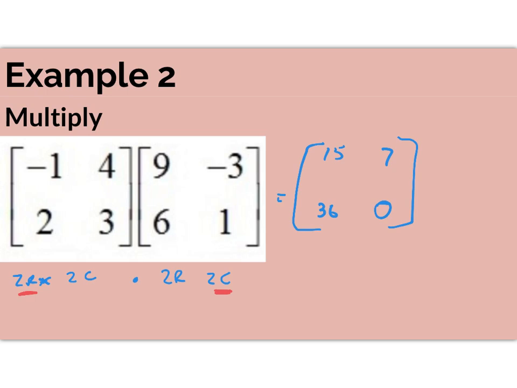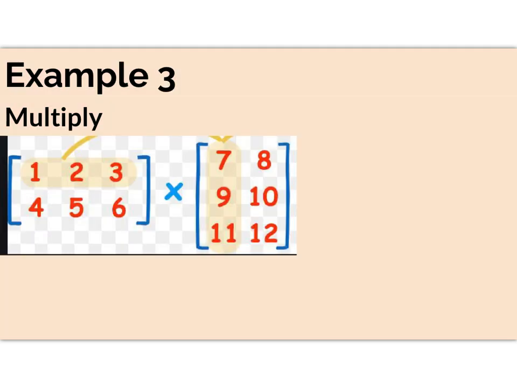That will give you your answer. Now, let's look at this. We have a 2 rows by 3 column matrix and then a 3 row by 2 column matrix. So you're going to be left with 2 rows and 2 columns as your answer.